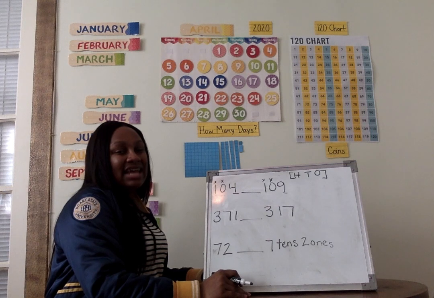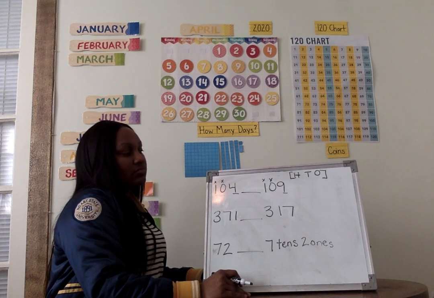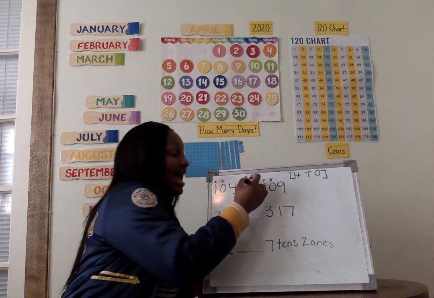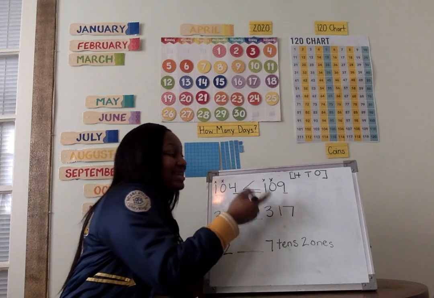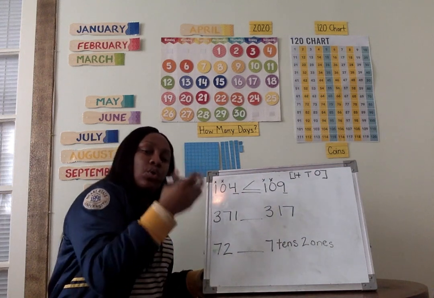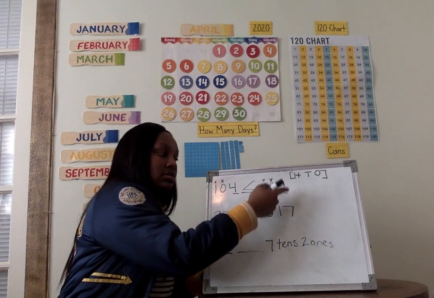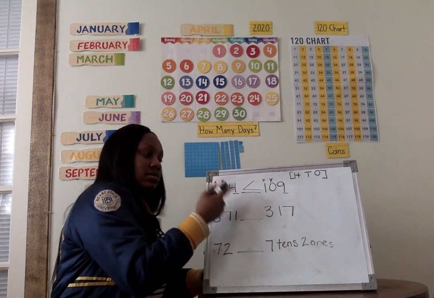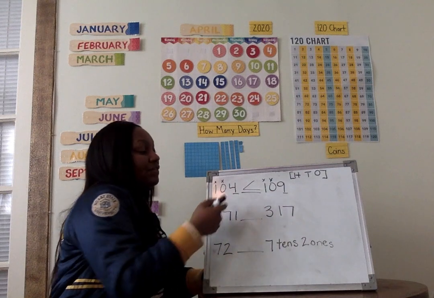Which number is the alligator going to want to eat? That's right. The alligator is going to want to eat the number 109 because 9 ones is greater than 4 ones.